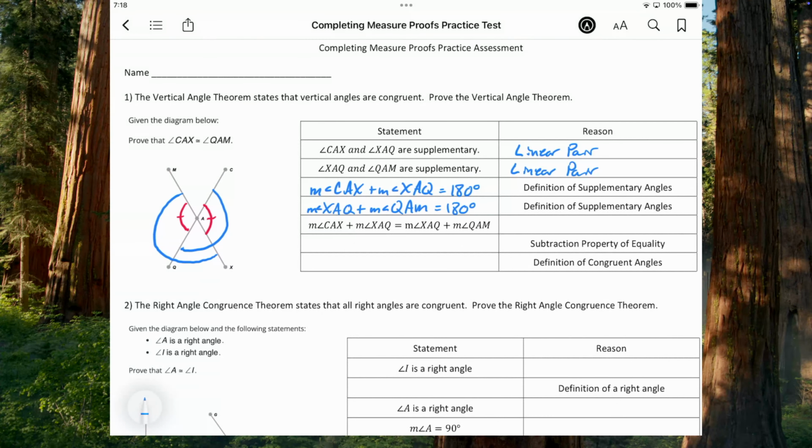Since they are both equal to 180 degrees, they must be equal to each other. That is the transitive property. And we can say that they both have XAQ in them, so we can subtract that out. We are left with the measure of angle CAX equal to the measure of angle QAM. And since their measures are equal, they are congruent.